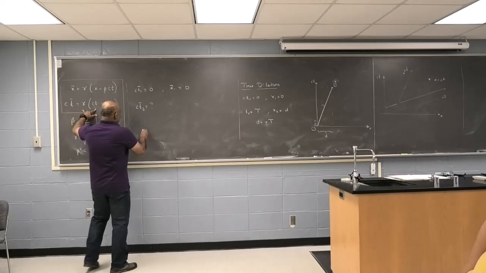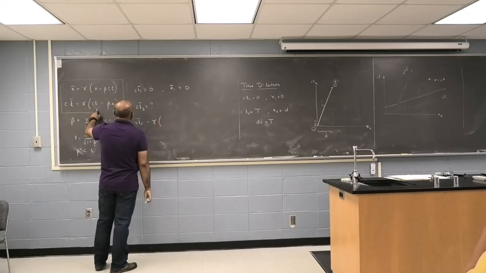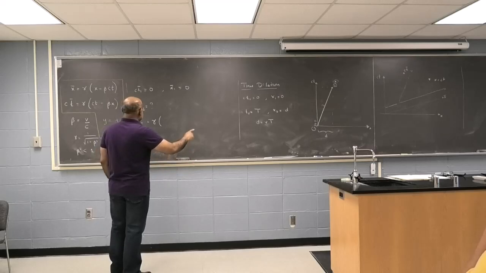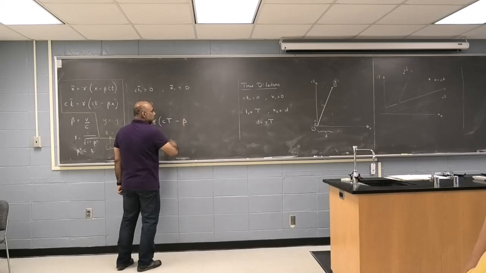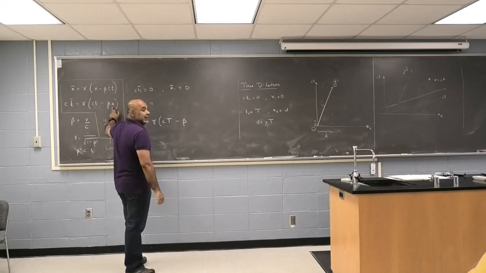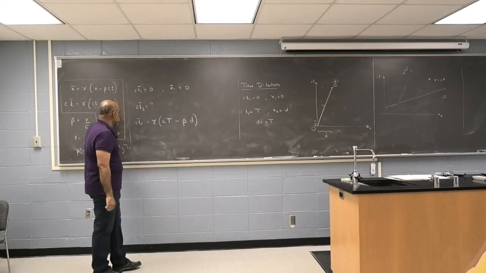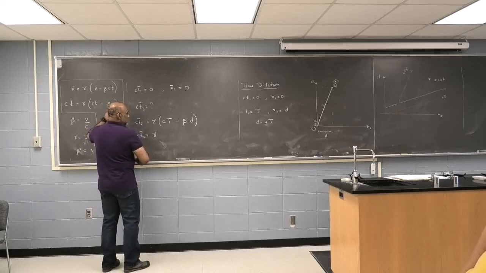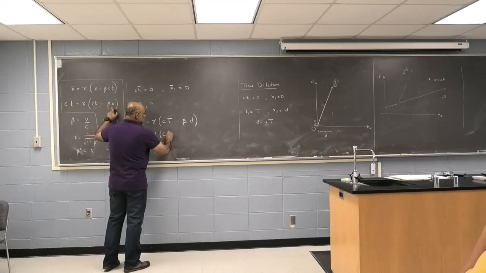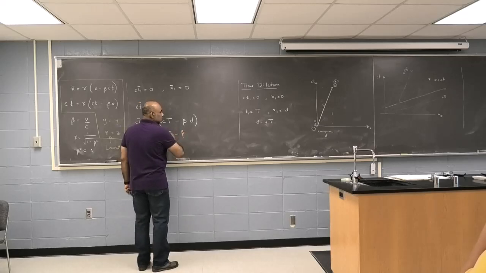And so I would do CT2 bar equals gamma times CT, minus beta times D. And so I have CT2 bar equals gamma times CT, and then I'm going to use minus beta.